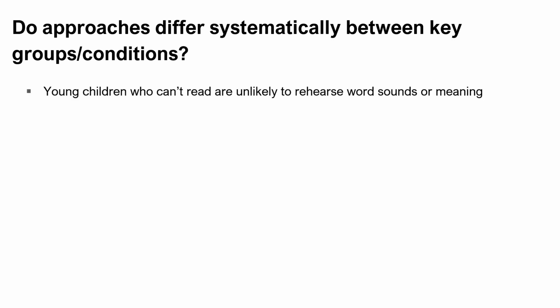So for example, young children who haven't learned to read yet are very unlikely to rehearse word sounds phonologically or think about their meaning if you present them with written words in, for example, a memory study, whereas that would be quite an intuitive strategy for older children or adults.